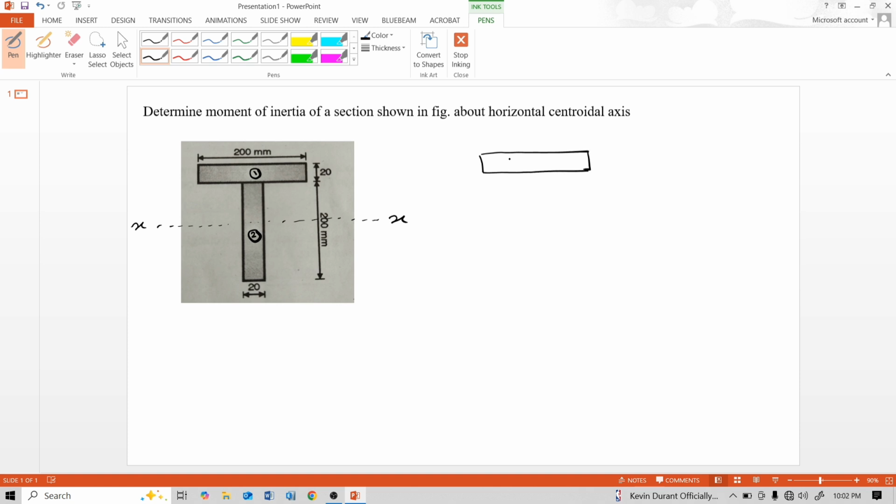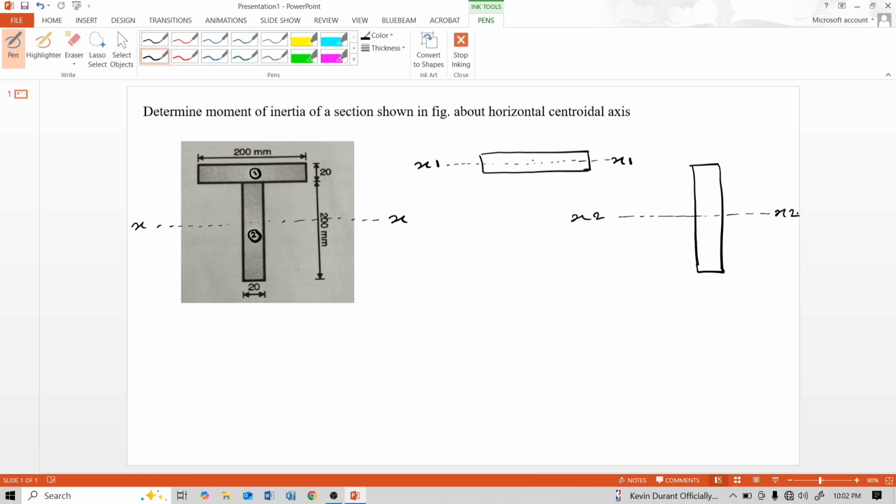The centroid of this flange is x1 x1, so give the name x1 x1 axis, and the centroid of this web part is x2 x2.